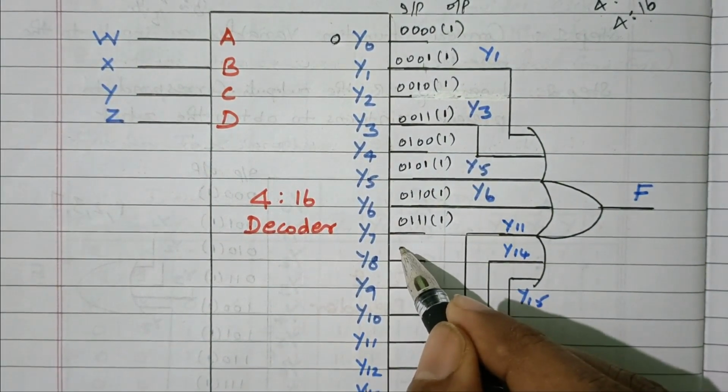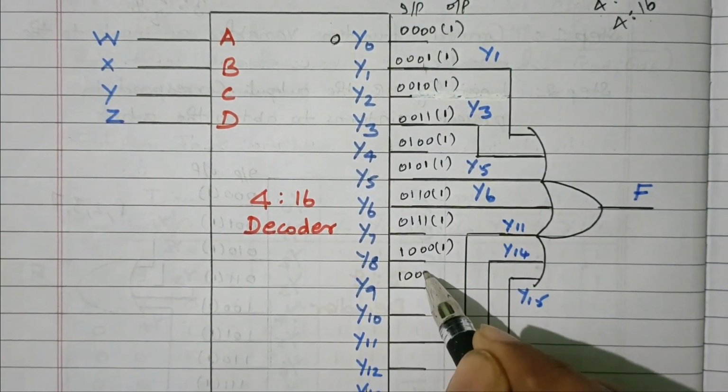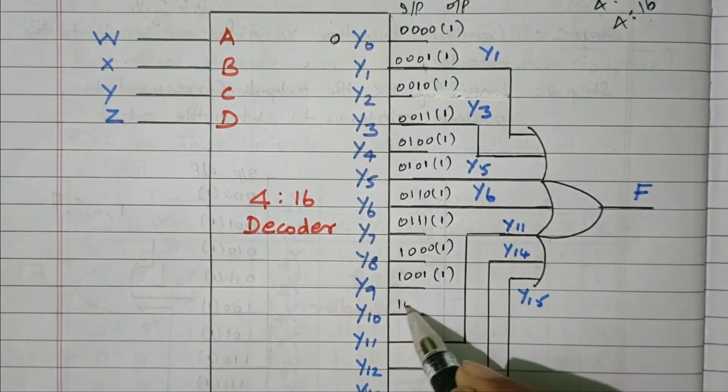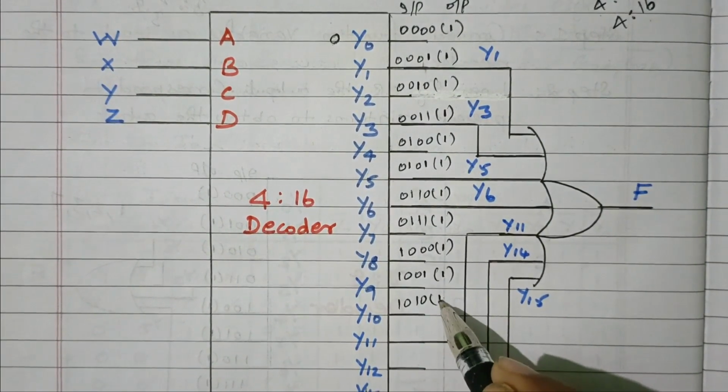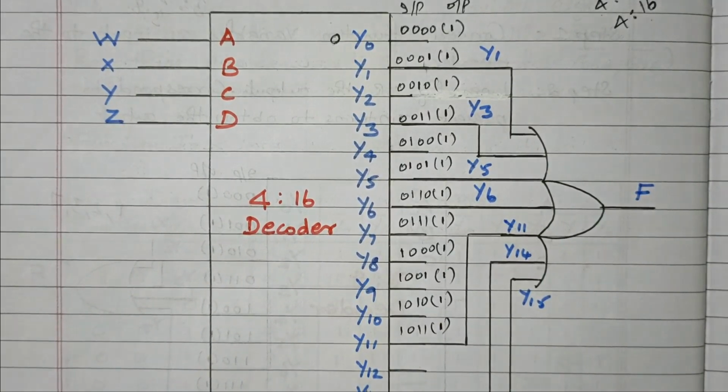The next is 1, 0, 0, 0, 1 as the output. 1, 0, 0, 1, 1 as the output. 1, 0, 1, 0, 1 as the output. 1, 0, 1, 1, 1 as the output.